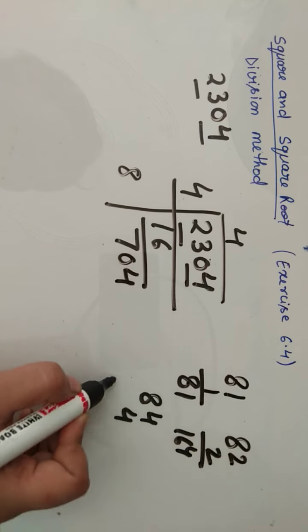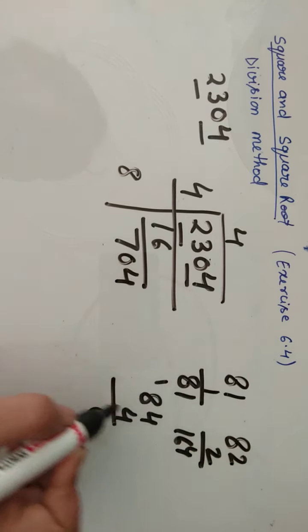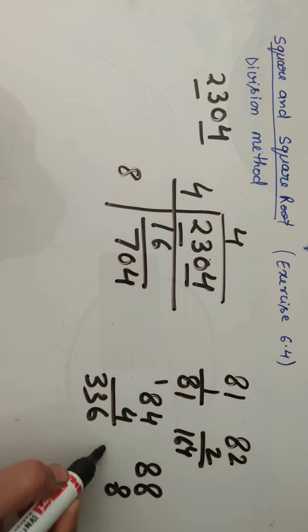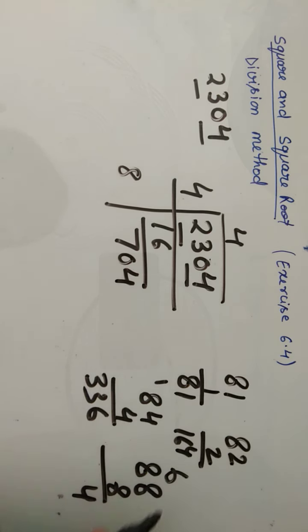We will check 84 fours are... no. Okay, if it is a perfect square, you can check the unit digit. It is 4, so you can also check by which number you are getting it. For example, 8 8s are 64, unit digit is 4. So you can also check it by 8. 8 8s are 64, again 8 8s are 64, and 7 we are getting.